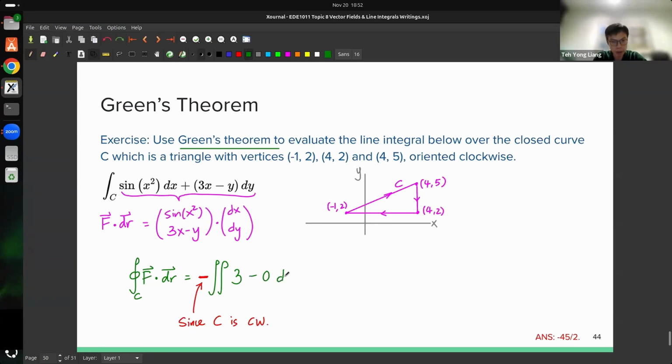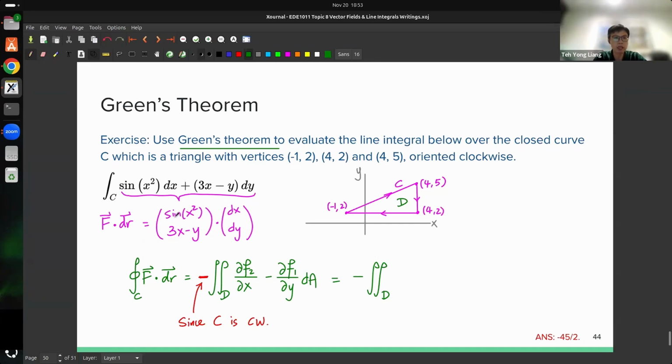Then this becomes dA. Let me write first: del F2 del x minus del F1 del y, over region D. So therefore I have a negative double integral over region D.